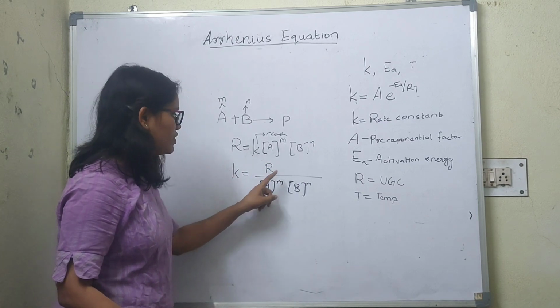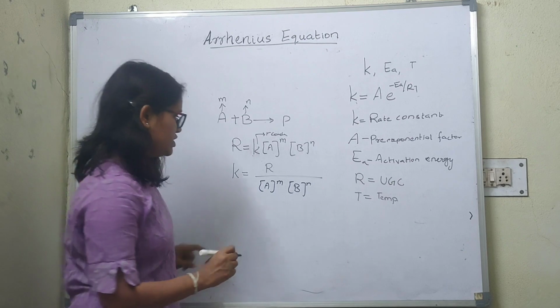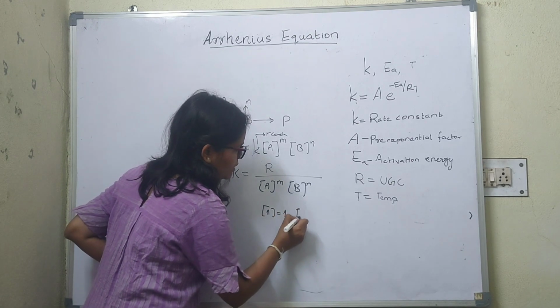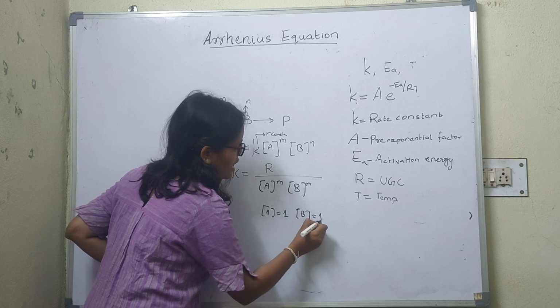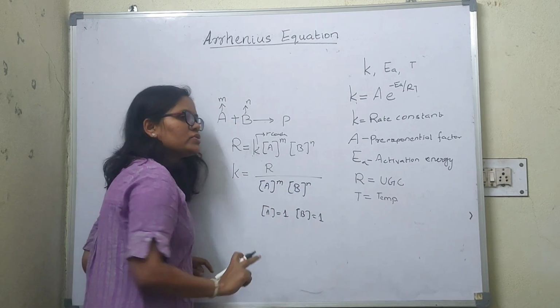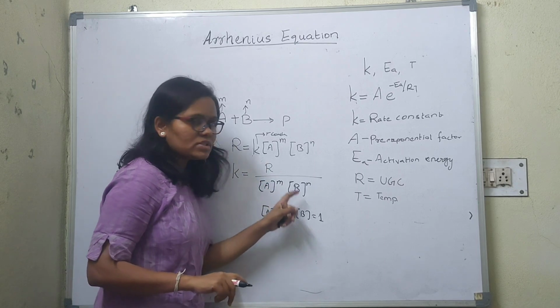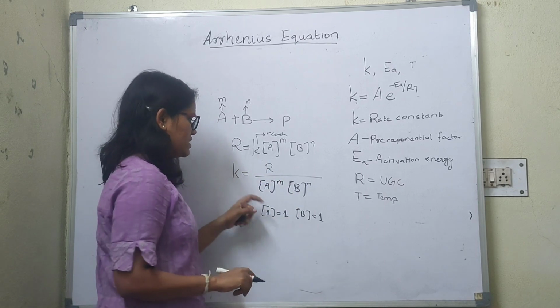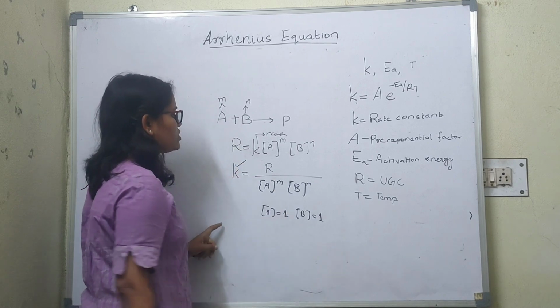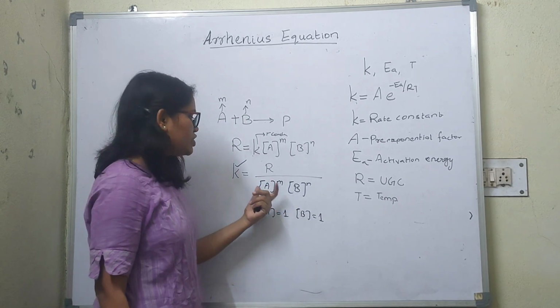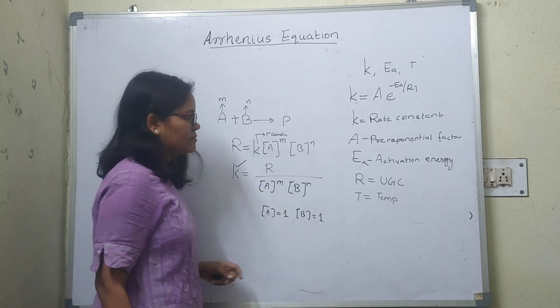When the concentrations of A and B are taken as unity. When [A] is equal to 1 and [B] is equal to 1, rate will be equal to k. So can I define rate constant as the rate of the reaction per unit concentration of reactants? Yes, right? So this is the definition of rate constant, that is, rate constant is the rate of reaction per unit concentration of the reactants.